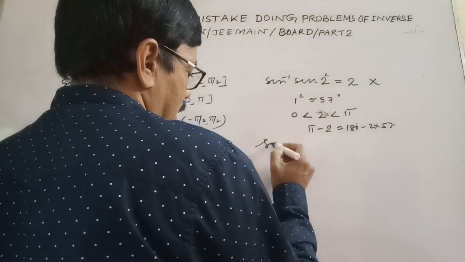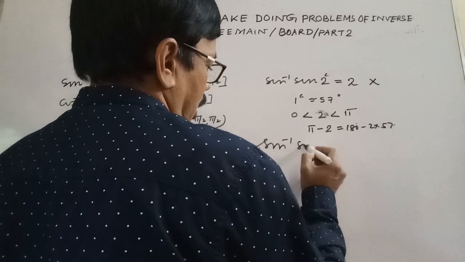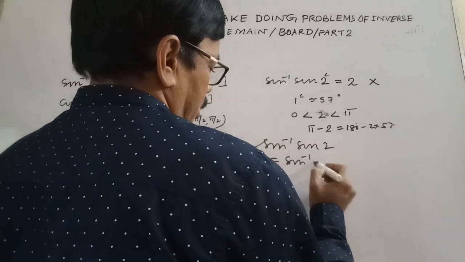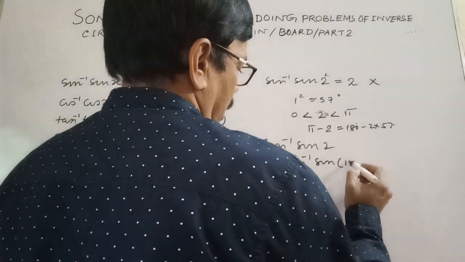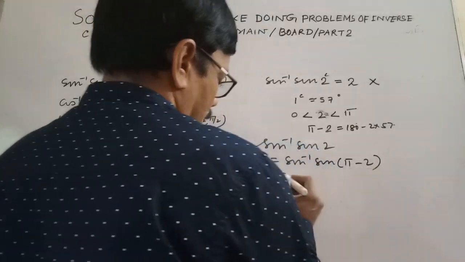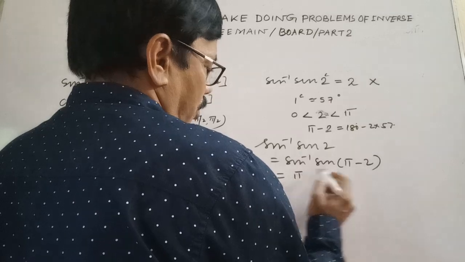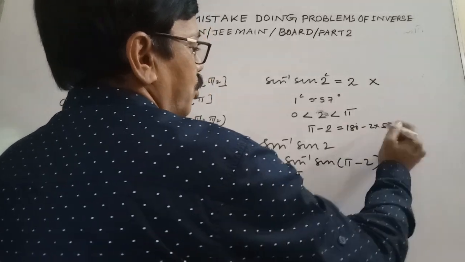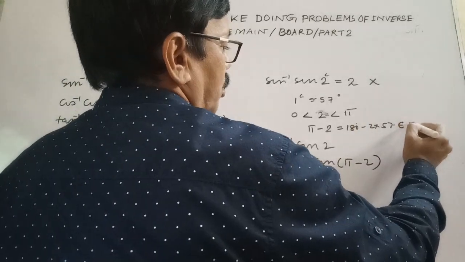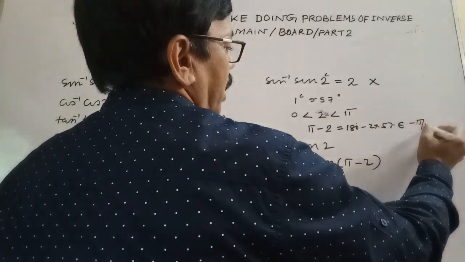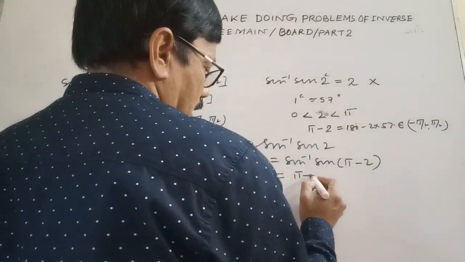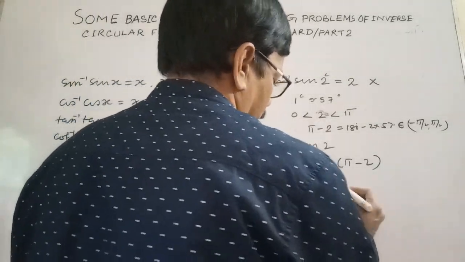So we write it in this form: sin inverse sin 2 is sin inverse sin of pi minus 2. What is the value? Sin of pi minus theta is sin theta, and pi minus 2 belongs to the principal value minus pi by 2 to plus pi by 2. So sin inverse sin 2 is pi minus 2.